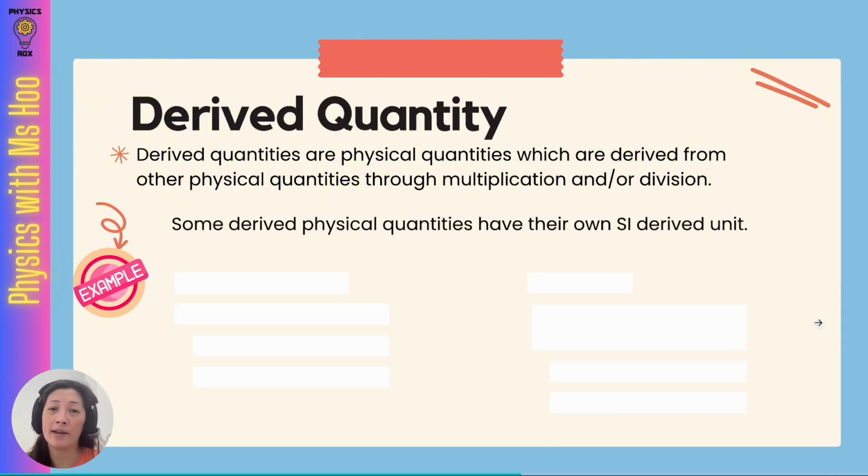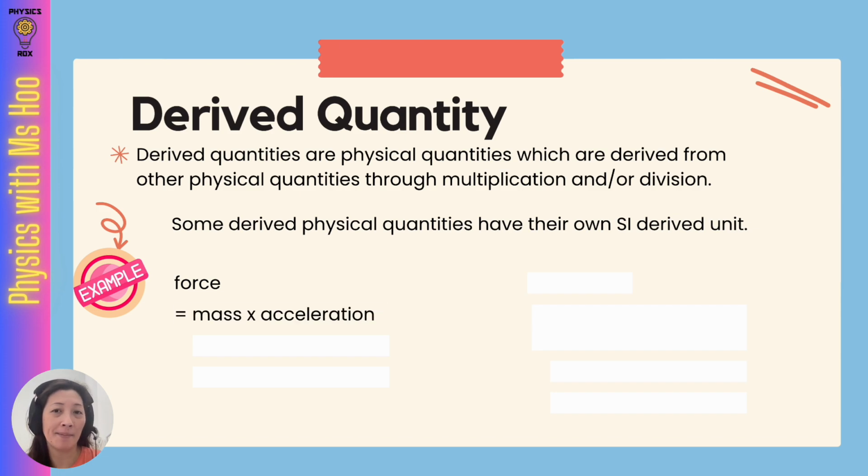Now, you should be aware that SI units don't necessarily mean that they have to be base units. You'll find that some derived physical quantities do have their own SI derived unit. For example, force. As we know, the general formula for force, based on Newton's second law of motion, is mass times acceleration. Now, from this equation, we can derive the units for force.